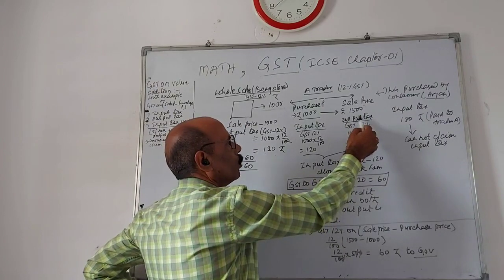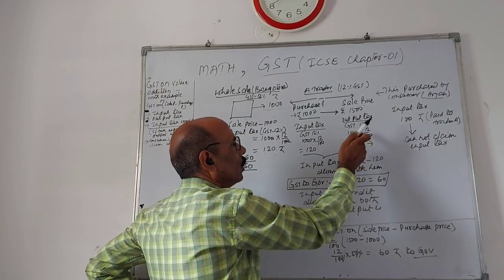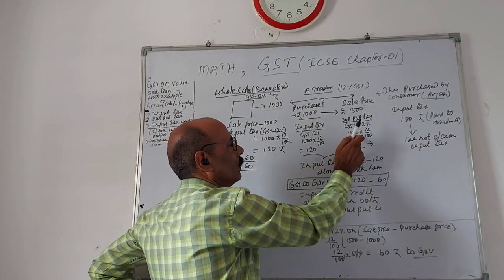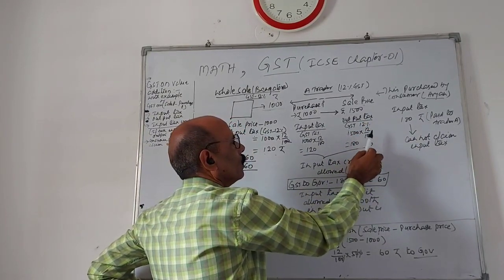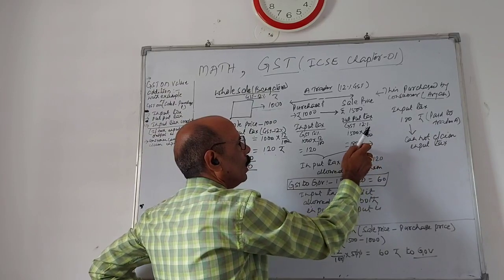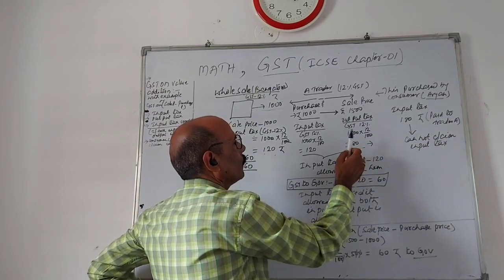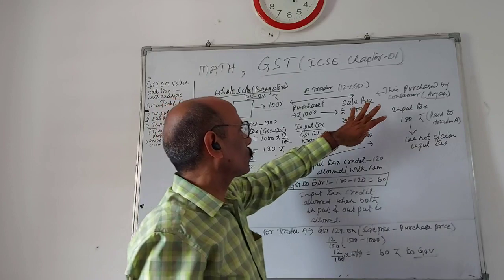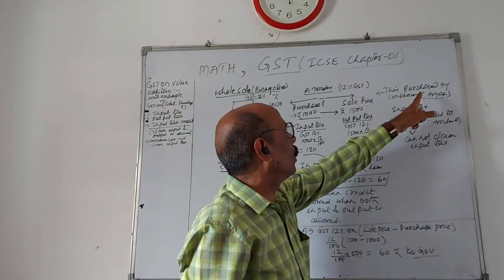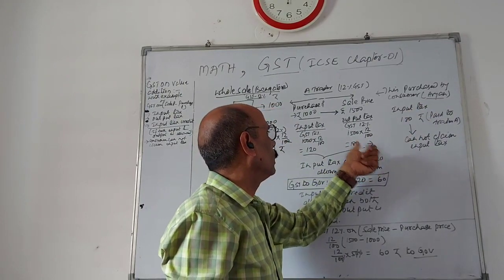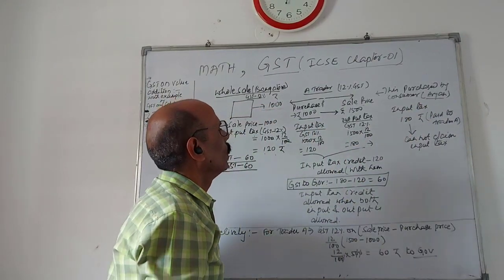Now this 12% on 1500, so 12 by 100, 15 into 12, 180. So here he is charging GST of 180 rupees on the bill of this consumer.